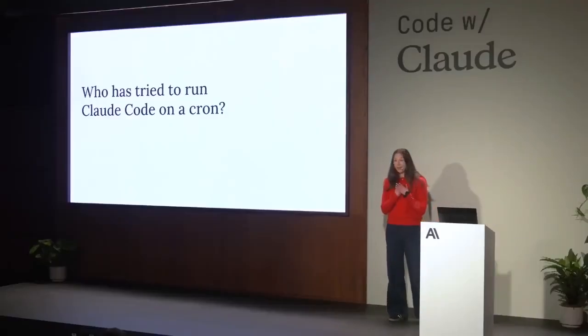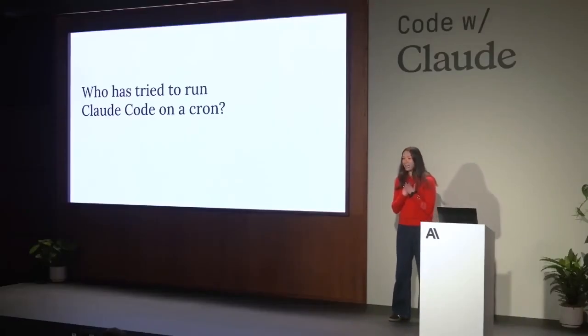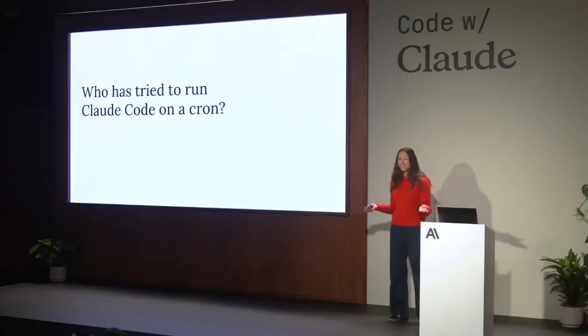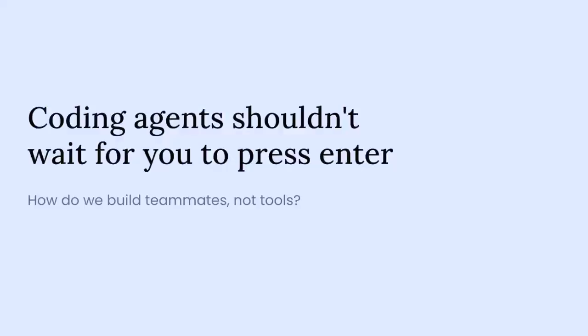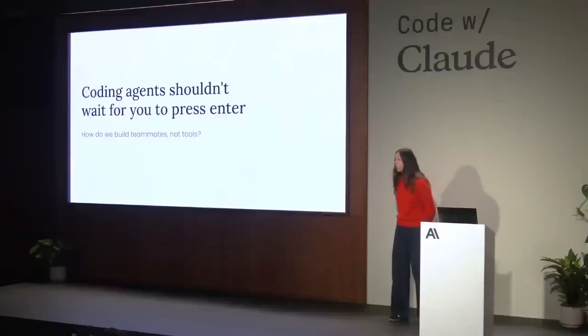We felt similar pain internally at Anthropic as we tried to develop proactive agents that run on Claude Code, and we decided to do something about it. We believe that coding agents shouldn't wait for you to press enter to get started. Right now, Claude Code is a really powerful coding tool, but we want to turn it into a really powerful coding teammate.